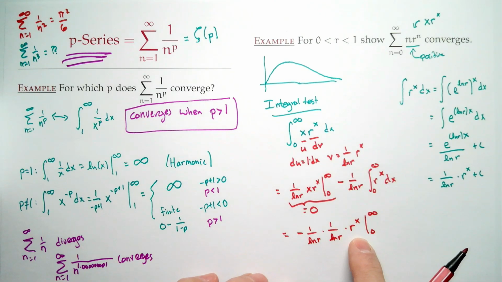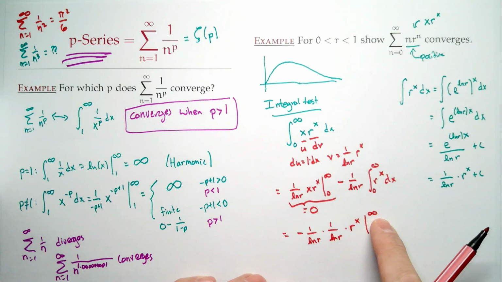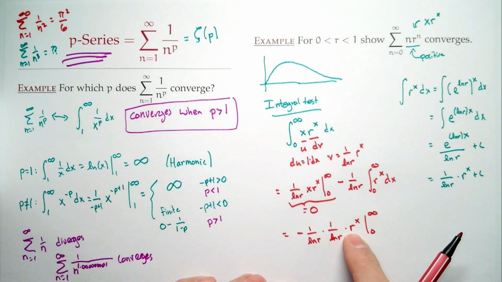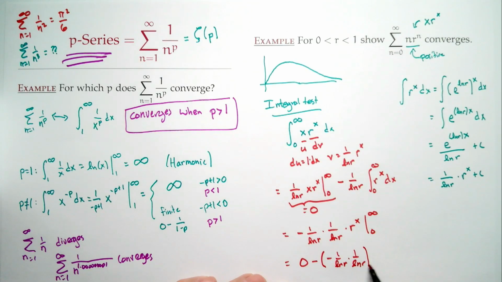You get r raised to a huge power. That's going to go to 0. So you're going to get 0, subtract, you plug in 0, r to 0 is 1. So subtract minus 1 over log r times 1 over log r. Now, this turns out to be 1 over natural log of r squared.